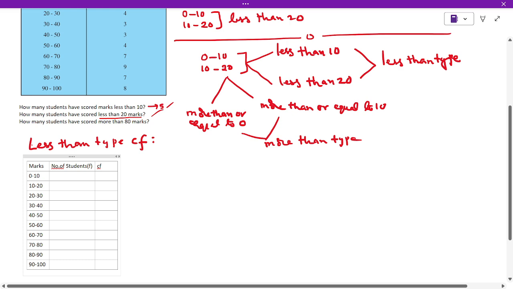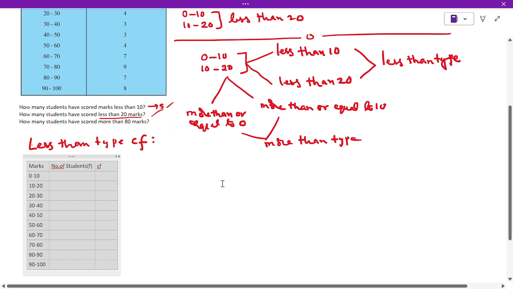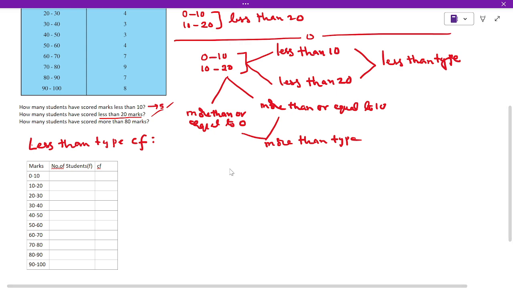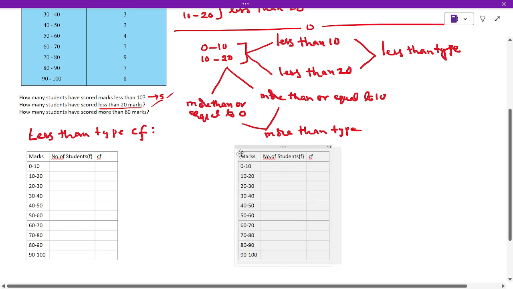Okay, so let me make another table similarly. This is for more than type, we will keep it here.